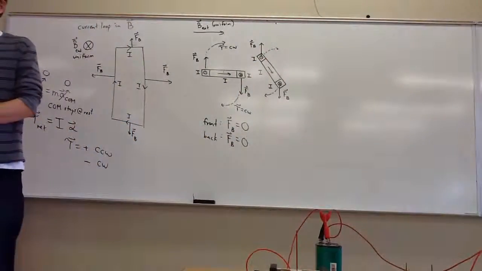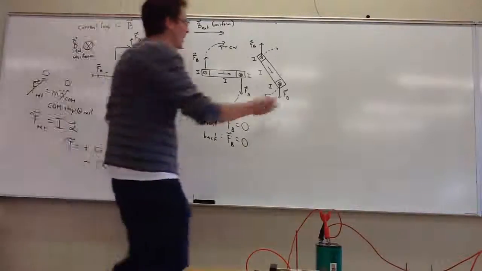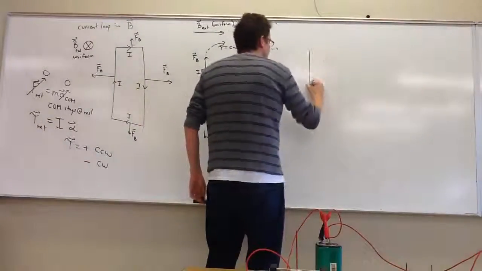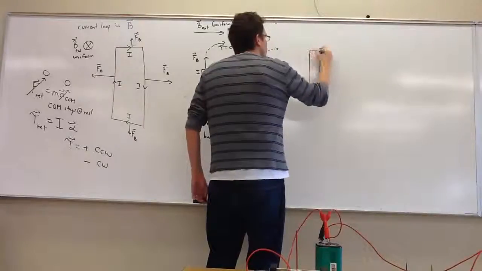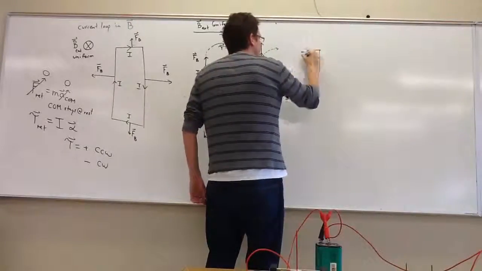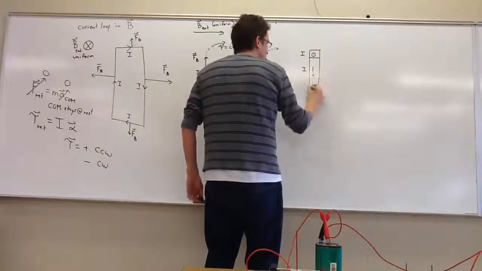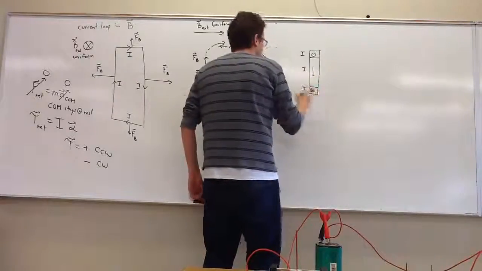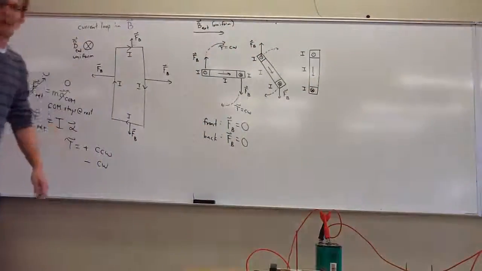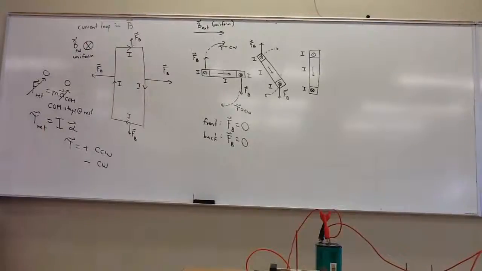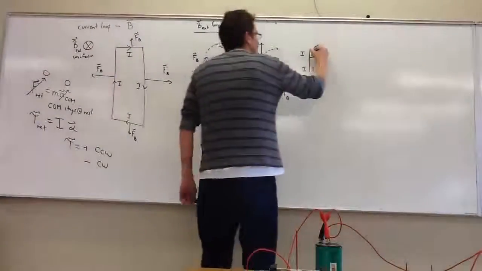Does that make sense? In fact, by the time we get over here, when they're like this, the forces at that point are going to be completely radial. They're going to look like this.